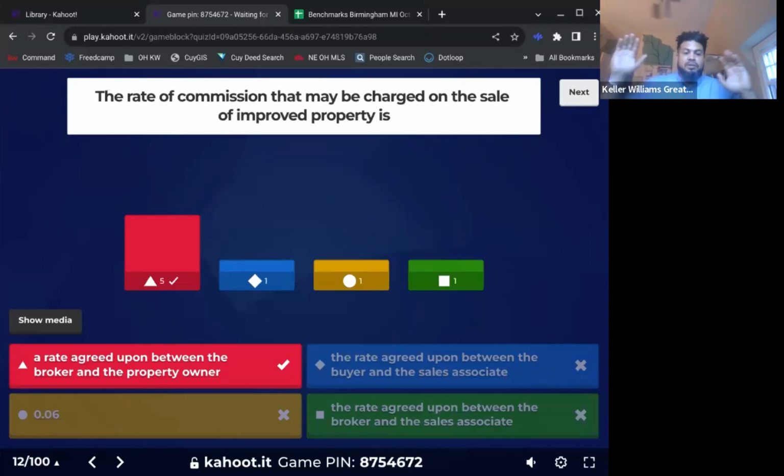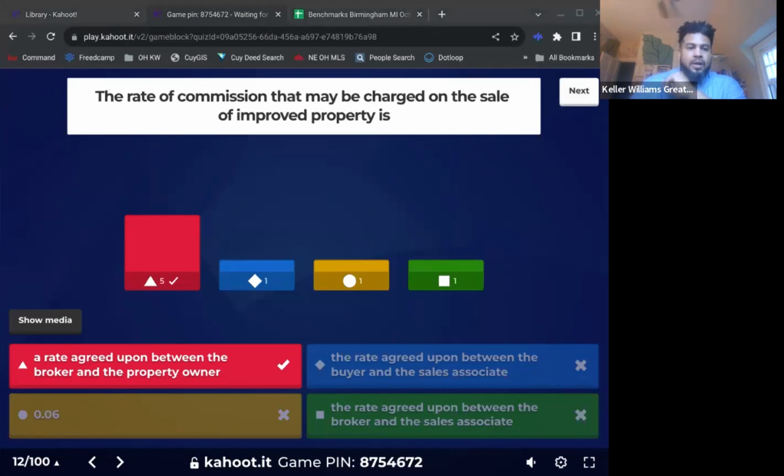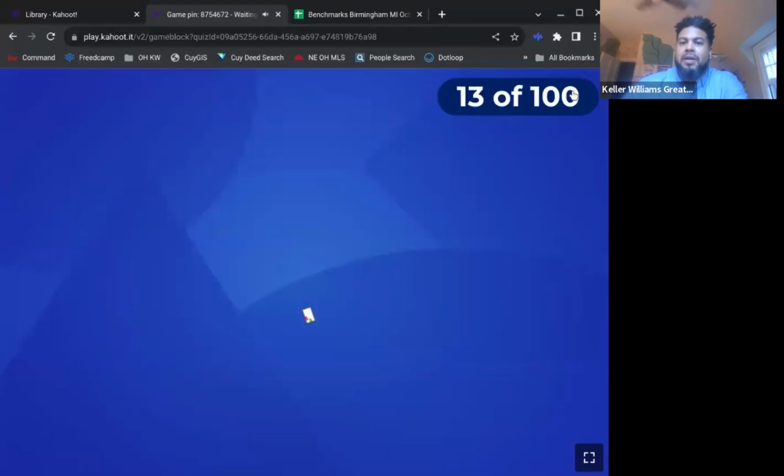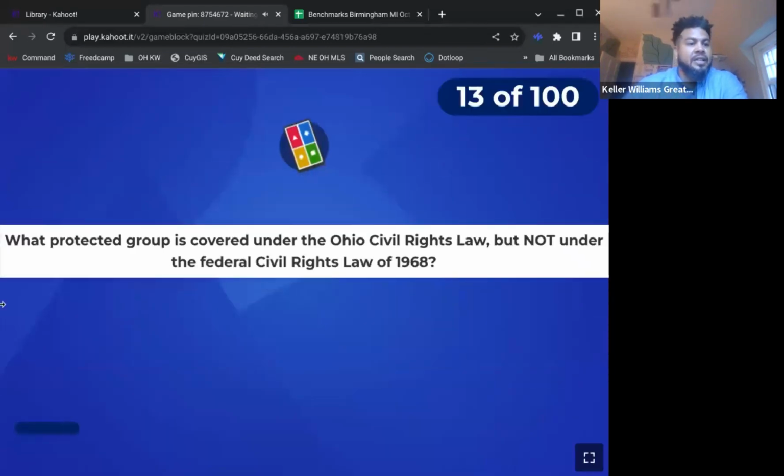Everywhere else, whether they say it's a standard or whatever, they're not allowed to do that. So that's Sherman antitrust. And that's the lawsuit that's being put out there right now between NAR and just got settled by a couple different brokerages for 50 million and $80 million, I believe. So don't violate that. Don't talk about commissions. Don't compare commissions, especially online.